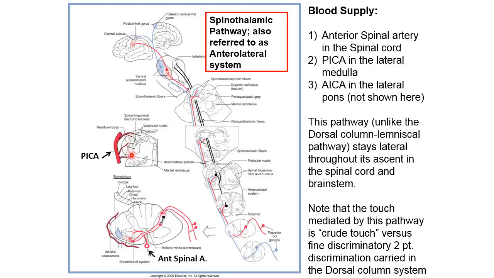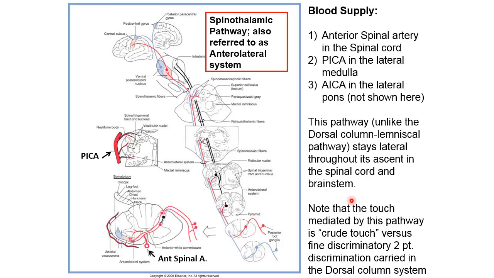As you get higher up into the pons, represented over here, then there's another artery that feeds that region, and that's the anterior inferior cerebellar artery. And it's, again, a lateral portion of the pons. And we'll look at circulation for the brain in subsequent sessions.